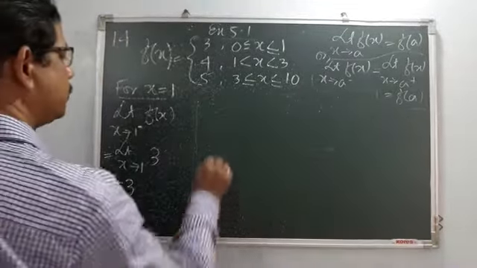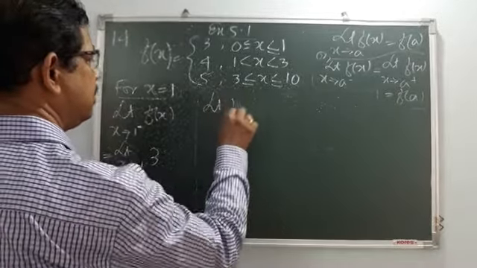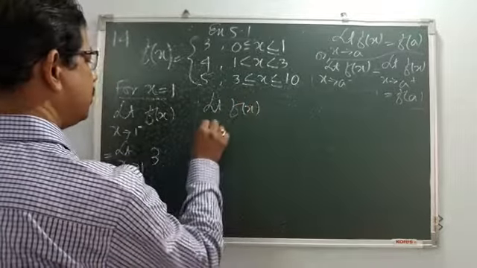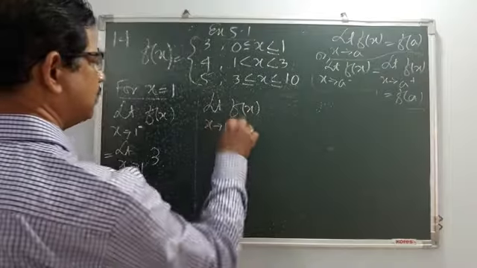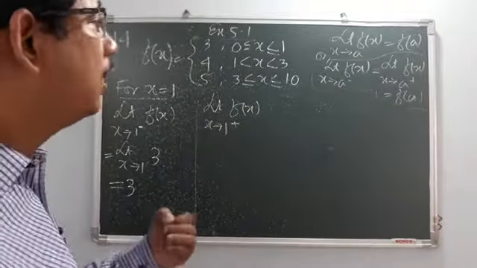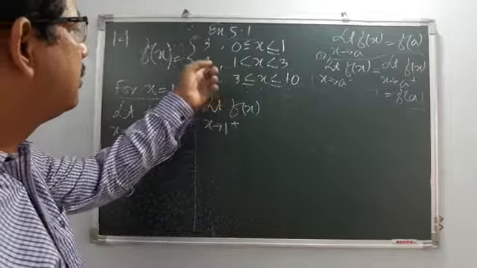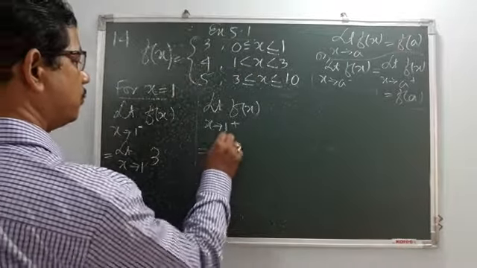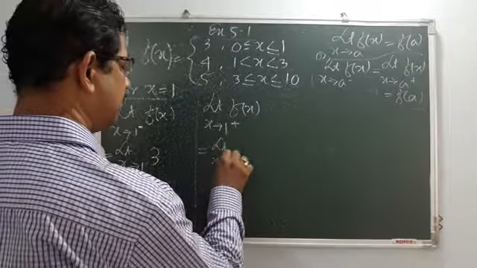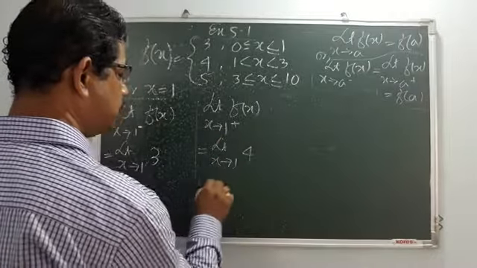Now the RHL, limit of f(x) as x tends to 1 plus, little greater than 1. When x is greater than 1, it is 4, so the limit is 4.